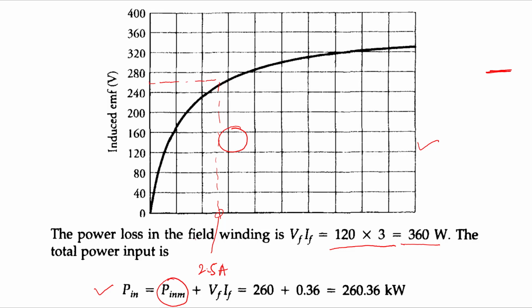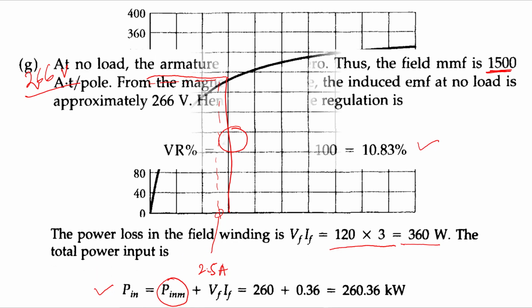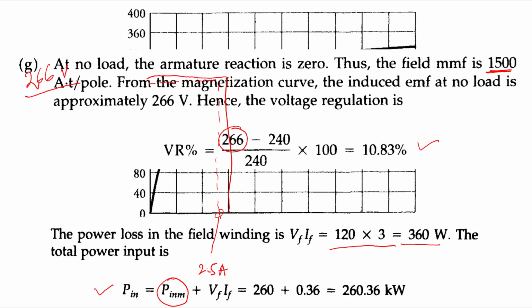So here is the 3 ampere. 3 ampere is here, right? So you can just project it and you'll find it is around 266 volt. Okay. So therefore we can say here that graph paper you can take, accordingly you can do.